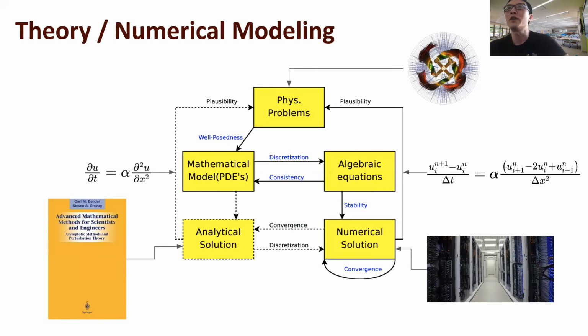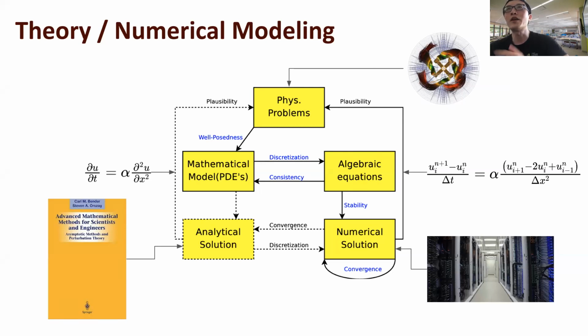PDEs are a very commonly used way to describe it, but it's not the only way. You can have ODEs, you can have geometric or algebraic equations even for your physical problems. But in general, for most engineering and scientific problems, PDEs are probably the best one to use.